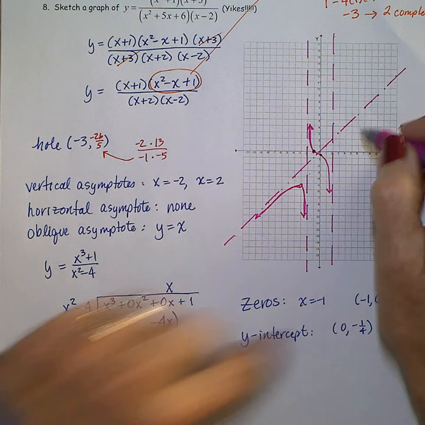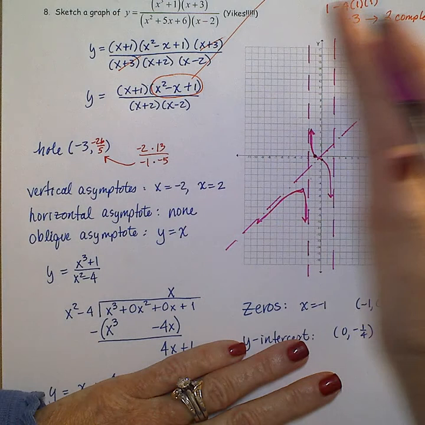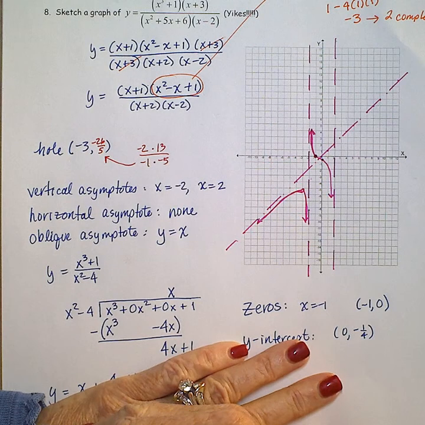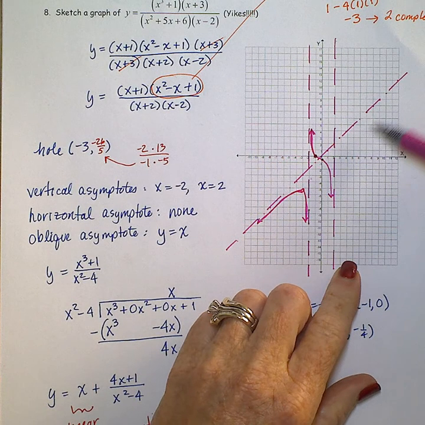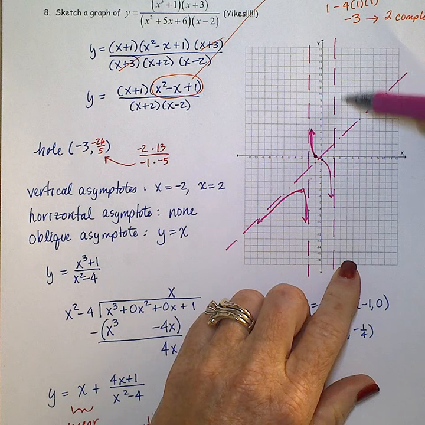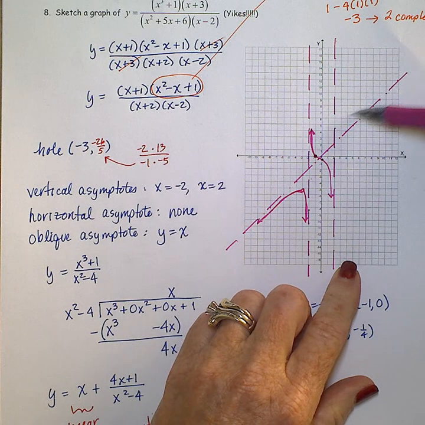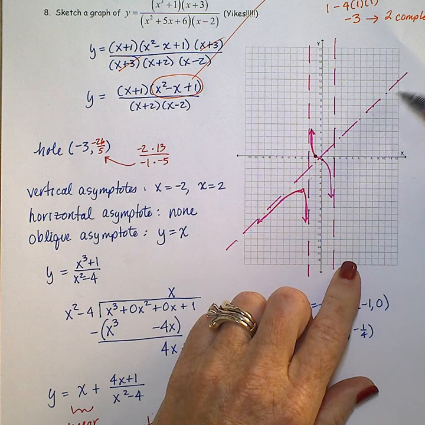Alright, that gives us the piece to the left side of -2. How about to the right side of +2? Here's your options. You've got this piece down here, or it could be up here. Could it be this piece down here? No, why not, Ryan?